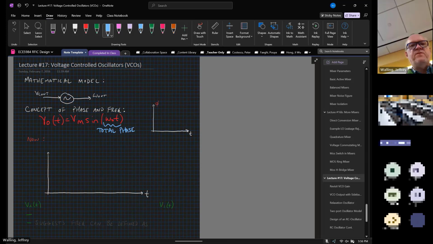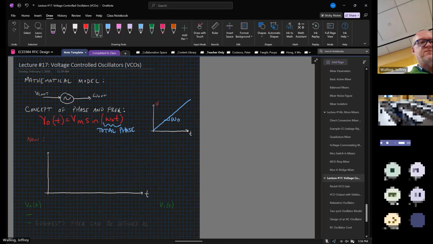Okay, so if we were to plot the phase as a function of time, it's just going to accumulate, and the slope of that accumulation over time is going to be equal to the frequency of the oscillator, omega naught. Let's say we have two oscillators now.